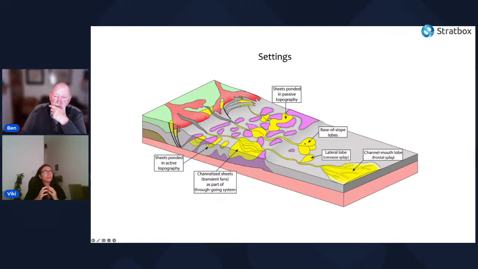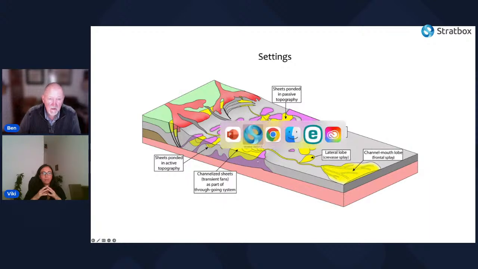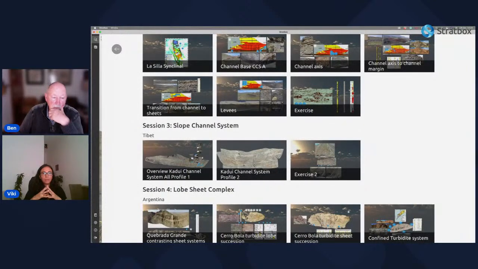And sheets can also be deposited where flows become unconfined, either at the mouth of a channel or where they break through a crevasse in the side of the channel, or where the gradient changes. So let's take a look at some examples from outcrop.